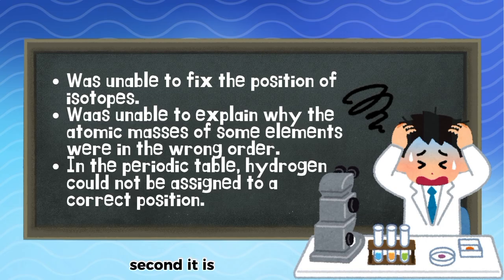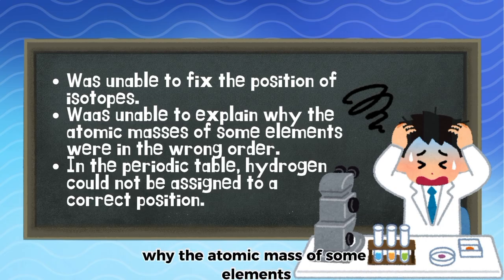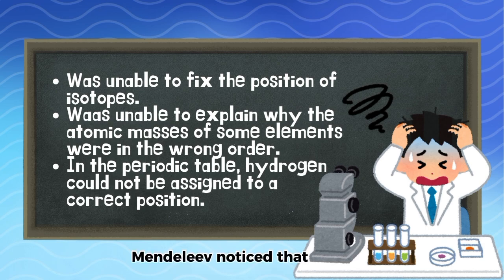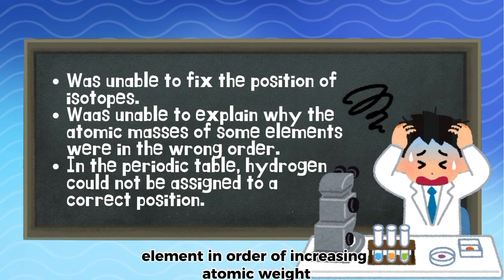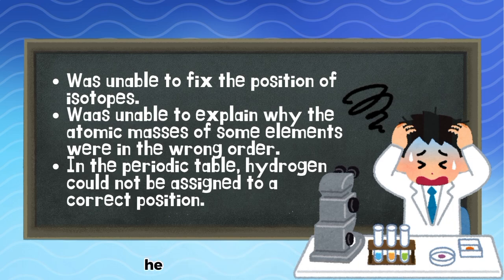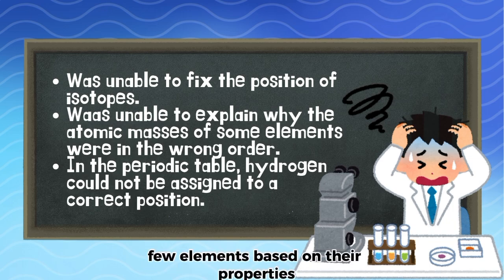Second, it is also unable to explain why the atomic mass of some elements was in the wrong order. Mendeleev noticed that when he arranged elements in order of increasing atomic weight, their chemical properties periodically repeat. However, to make this work, he had to infer the order of a few elements based on their properties.